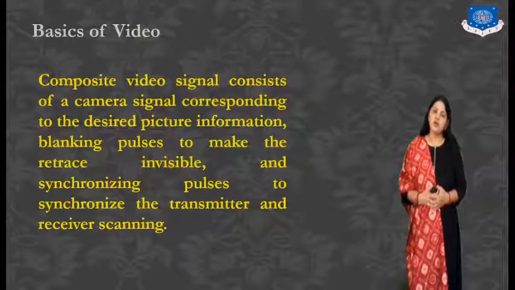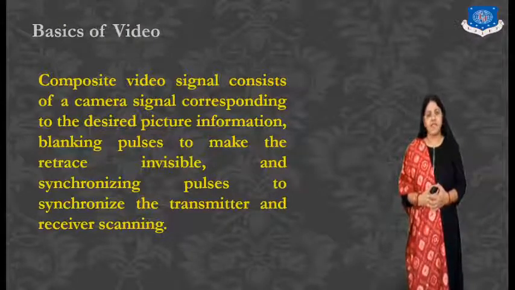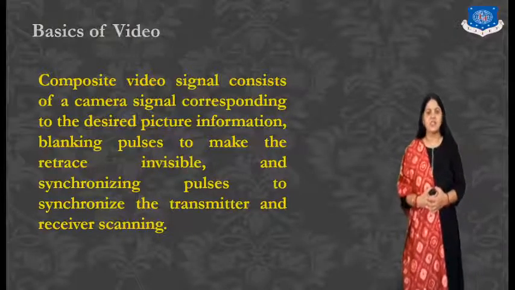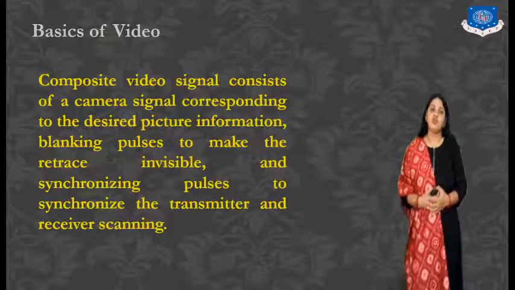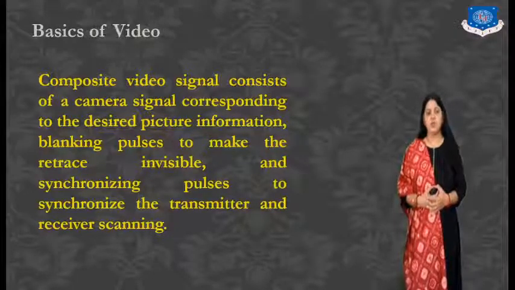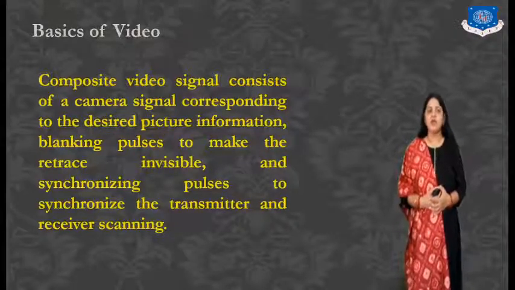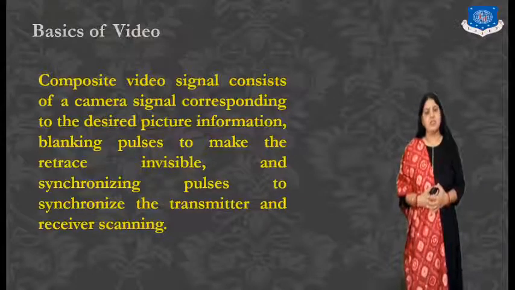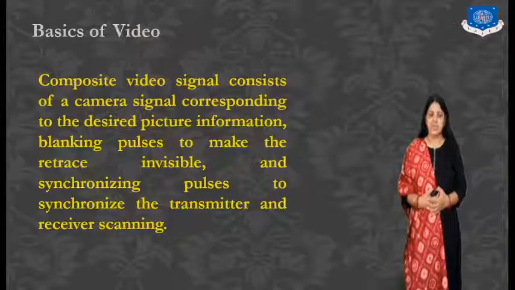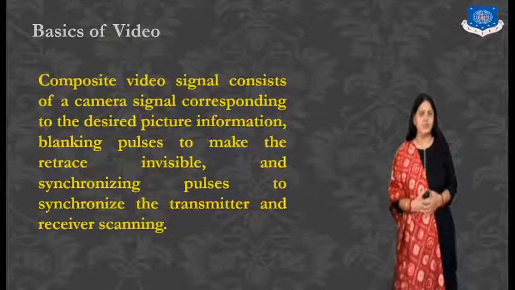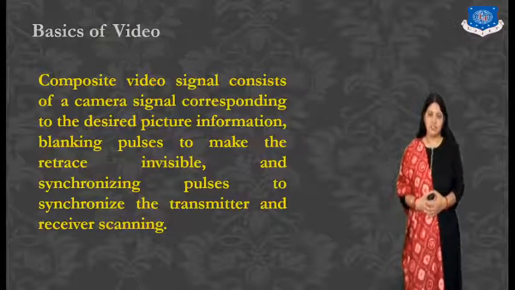At that particular time there is a retrace time, and if there is no information, we need to make it blank. So to make the retrace invisible, there is a requirement of blanking pulses.